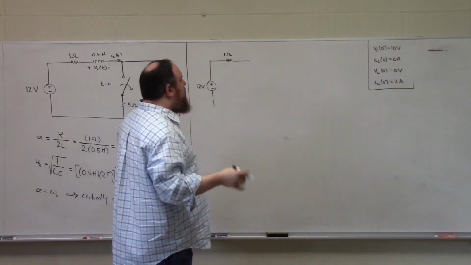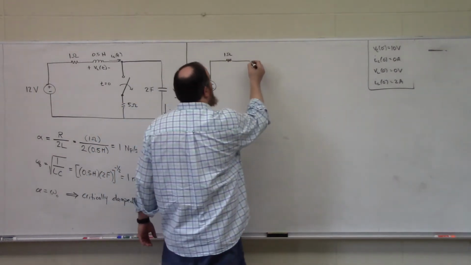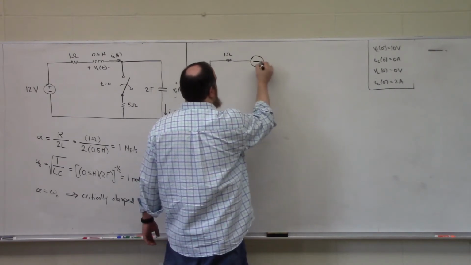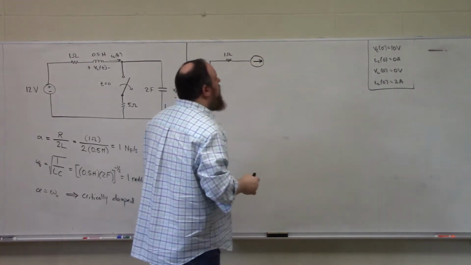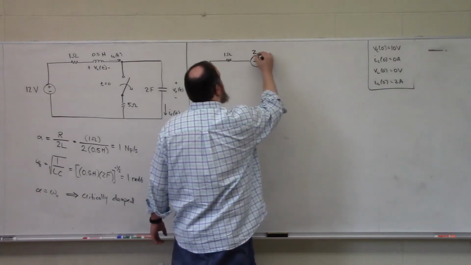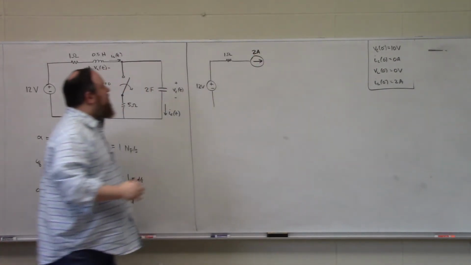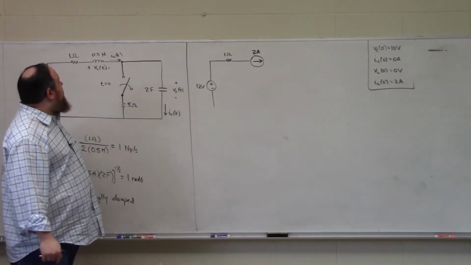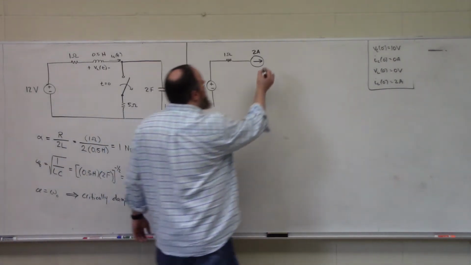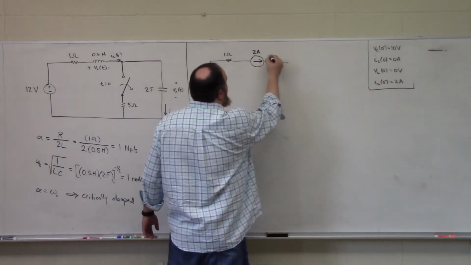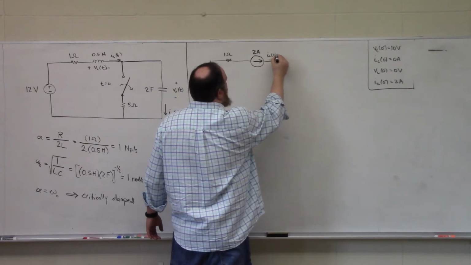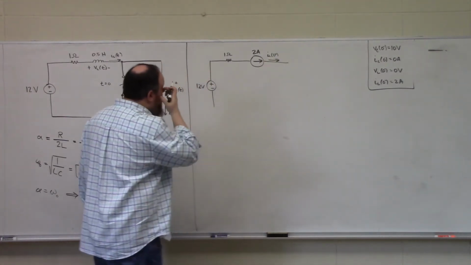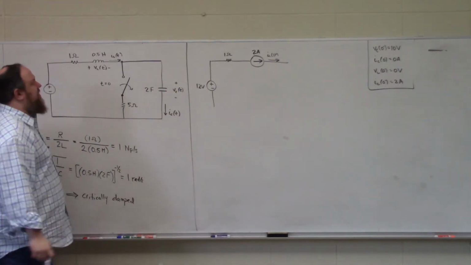At this particular instant in time, because the inductor current cannot change abruptly, I'm going to replace my inductor with a 2 amp current source directed to the right, such that the inductor current IL must be 2 amps, and it has the same direction as I've defined IL.